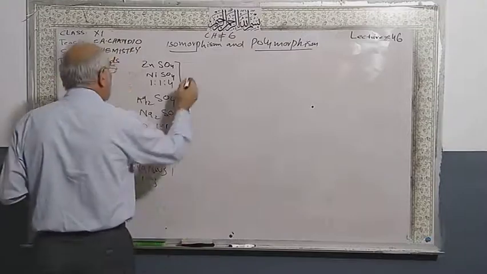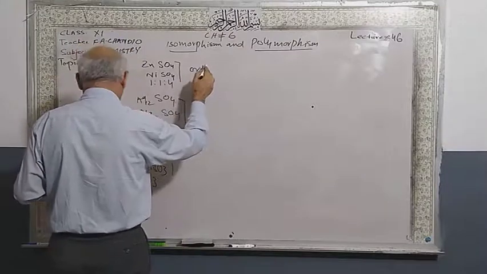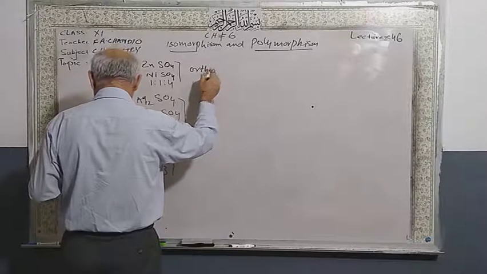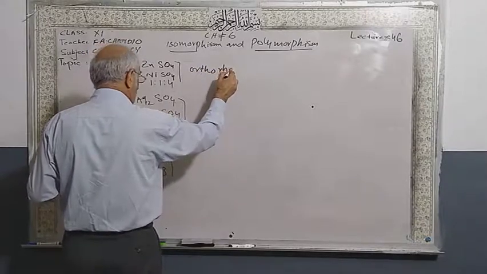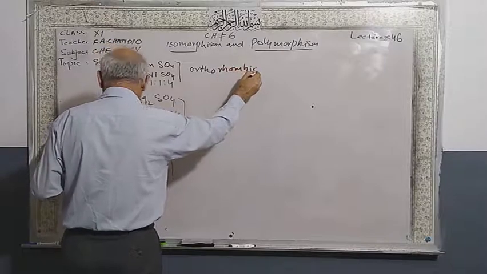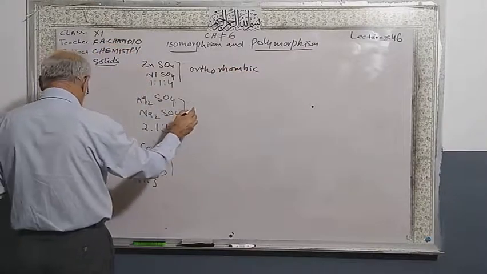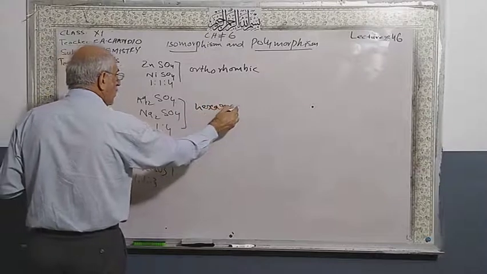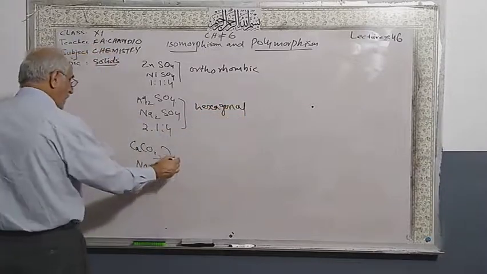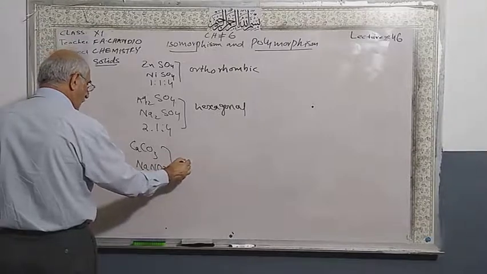Zinc sulfate and nickel sulfate are orthorhombic, hexagonal, and rhombohedral.